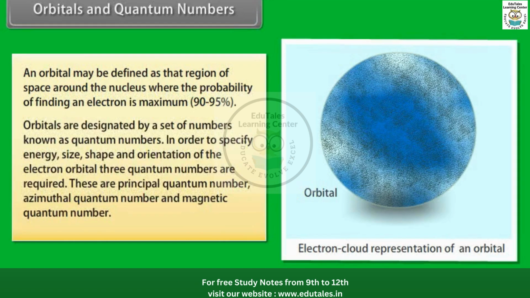Orbitals are designated by a set of numbers known as quantum numbers. In order to specify the energy, size, shape, and orientation of the electron orbital, three quantum numbers are required. These are the principal quantum number, azimuthal quantum number, and magnetic quantum number.